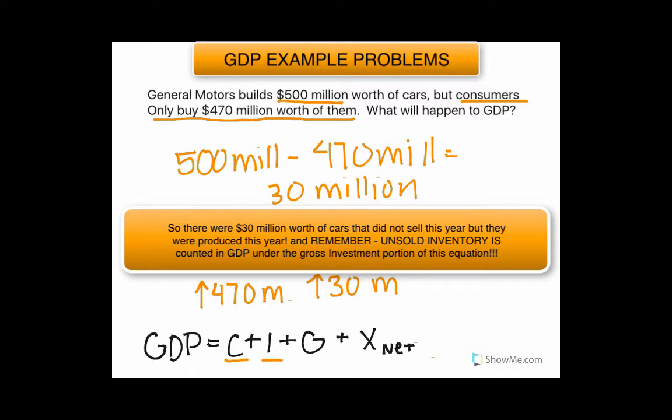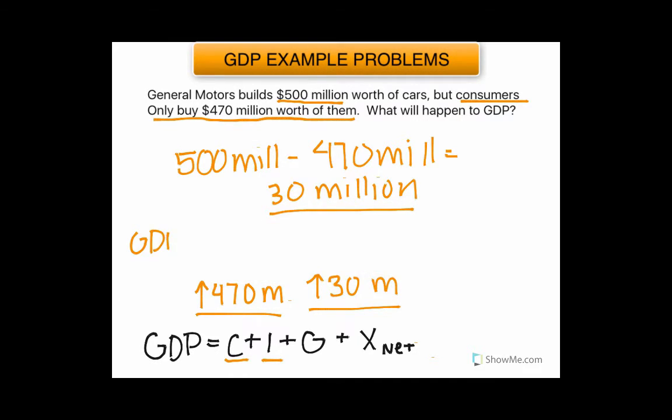So if GDP is increasing by $470 million in consumption and $30 million in investment, we have a total GDP change of an increase in $470 million plus an increase in $30 million, which equals an increase in $500 million.